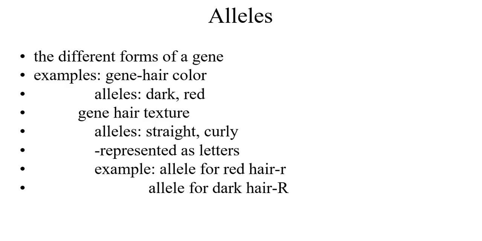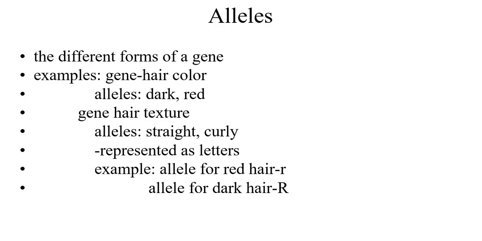You notice the next example down there. We could have a gene controlling hair texture. You could have alleles for straight hair or alleles for curly hair. Now, there's a number of different systems that are used to identify these alleles. Some alleles will have standardized symbols.